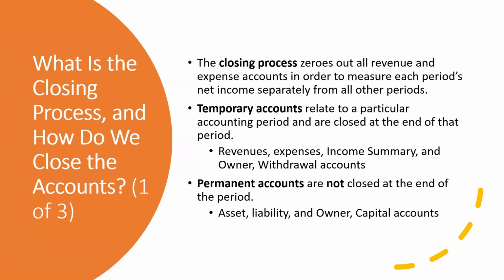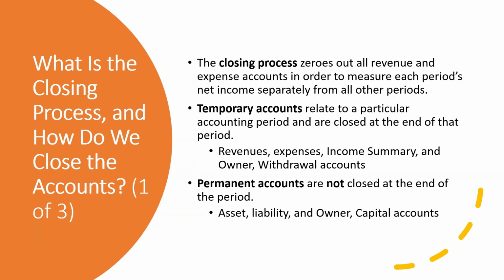The temporary accounts include revenues, expenses, income summary, and owner withdrawals. They pertain to a specific accounting period and are closed at its conclusion. So temporary accounts relate to a particular accounting period and are closed at the end of that period.